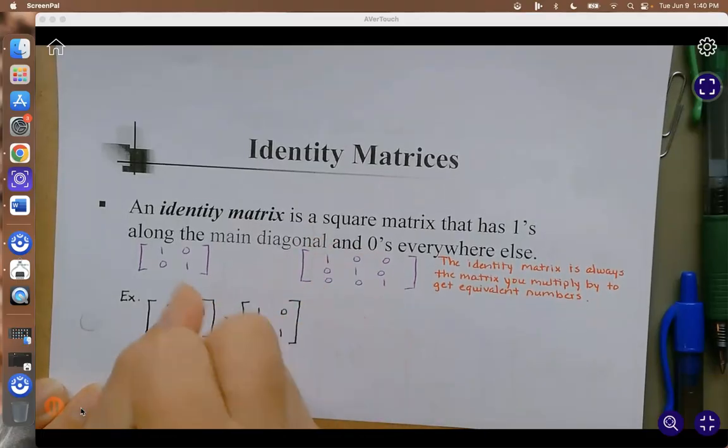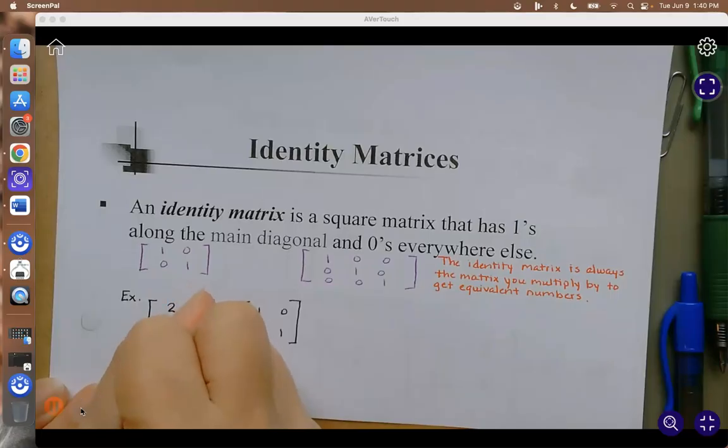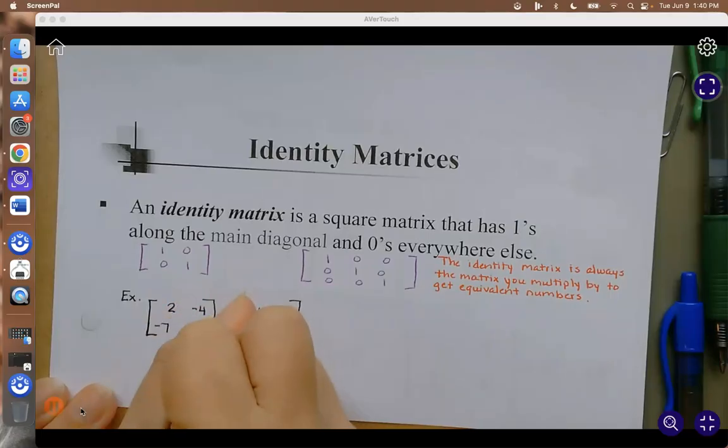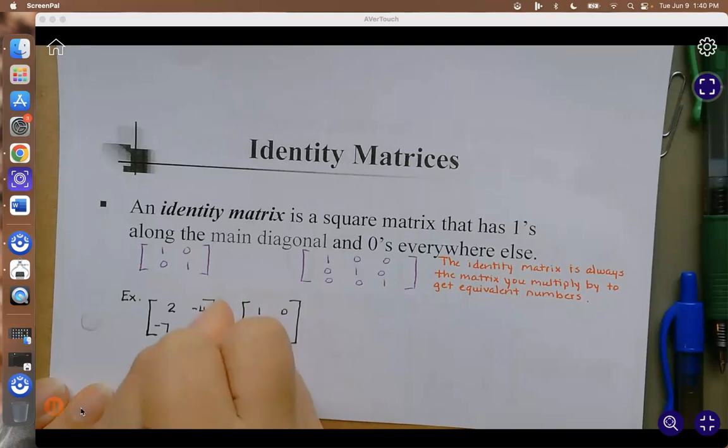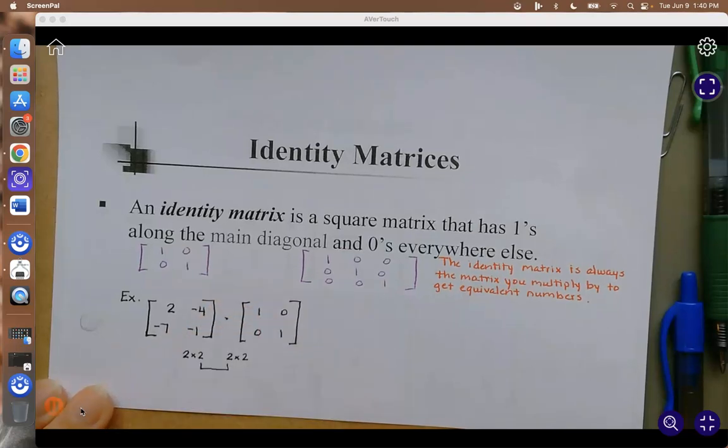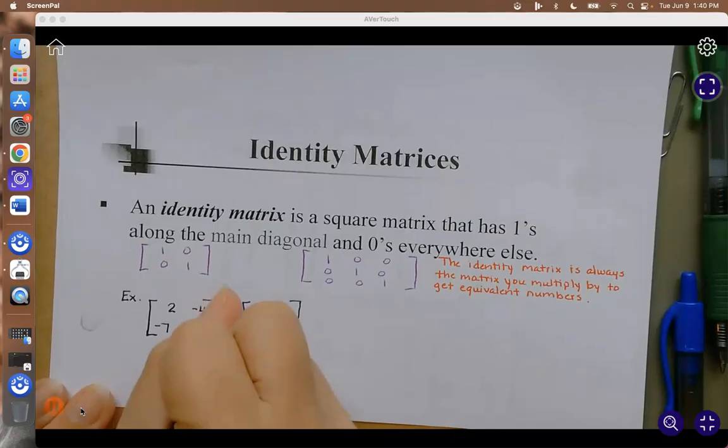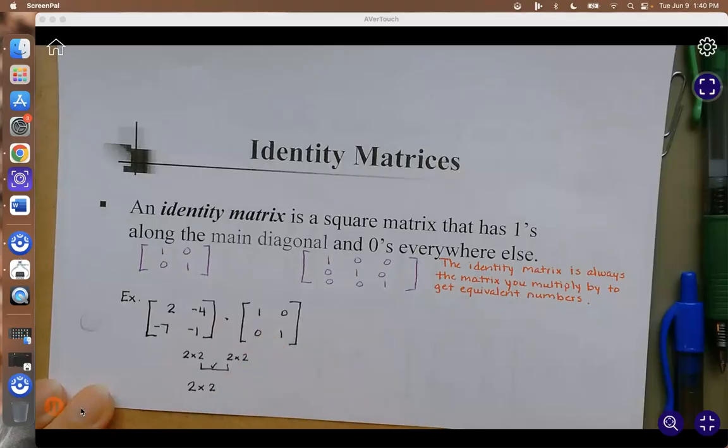Now remember, this is a 2 by 2, this is a 2 by 2, so our answer is going to be a 2 by 2.